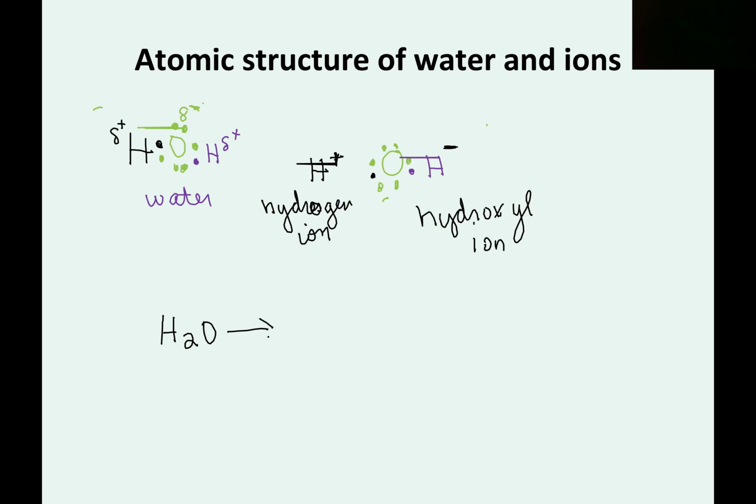H2O will separate into a hydrogen ion and a hydroxyl ion. So the reaction can actually go both ways. So in a body of water, in a glass of water, you're going to have water molecules.